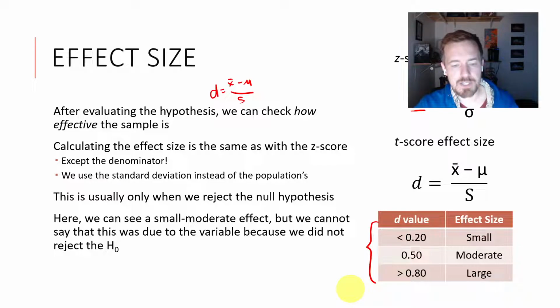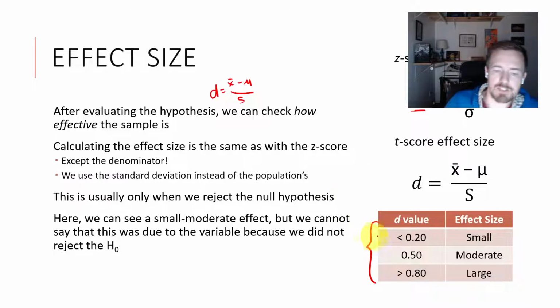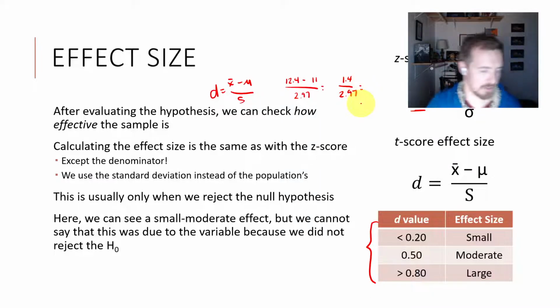So we can plug those in. Here we find a small to moderate effect if we plug these things in. That's going to give us 12.4 minus 11 over 2.97, because that was our standard deviation, which gives 1.4 over 2.97. If you have a calculator, you can figure that out. I don't know what it is off the top of my head.